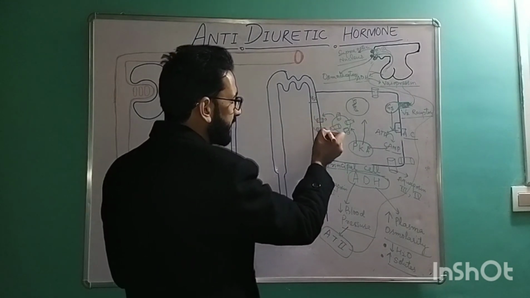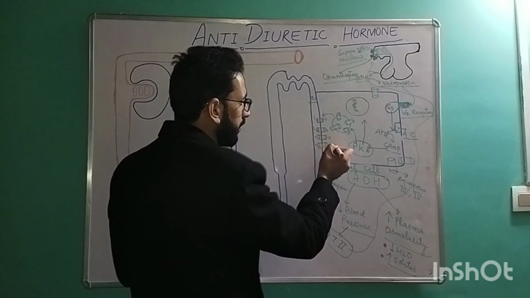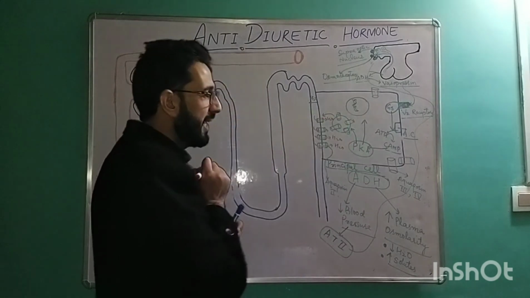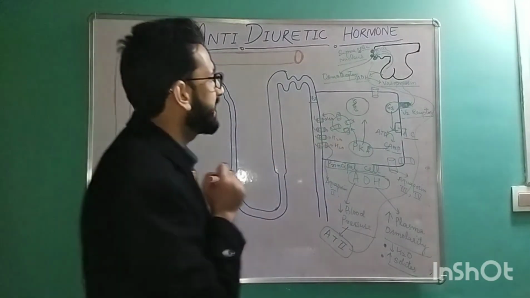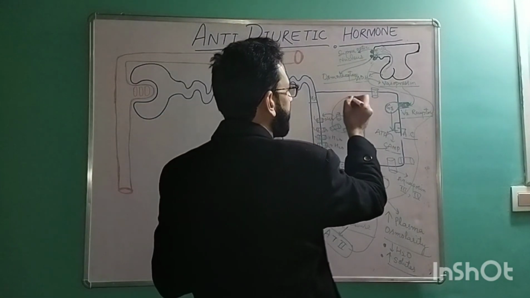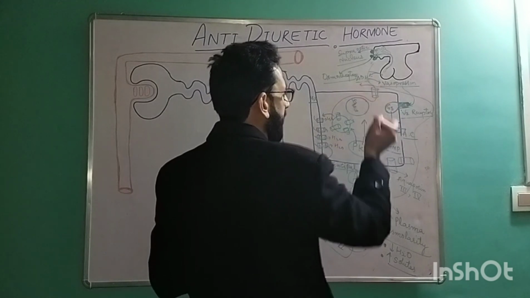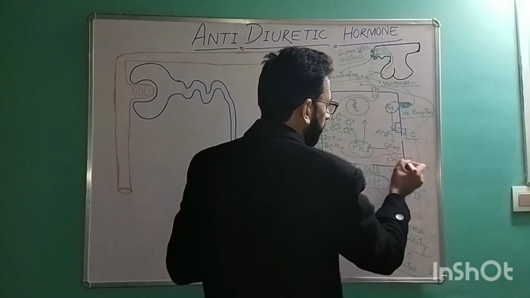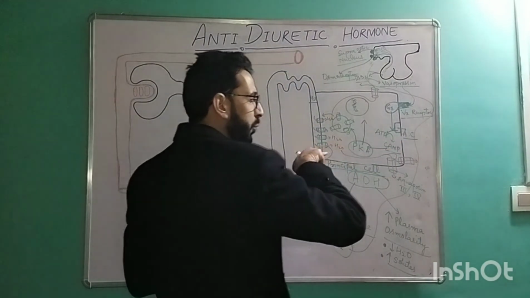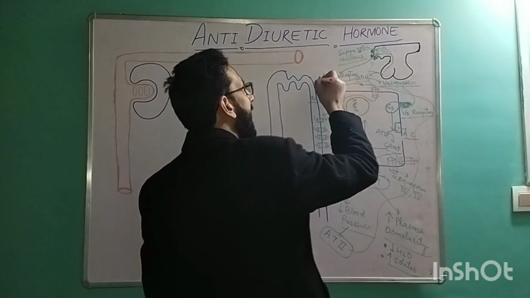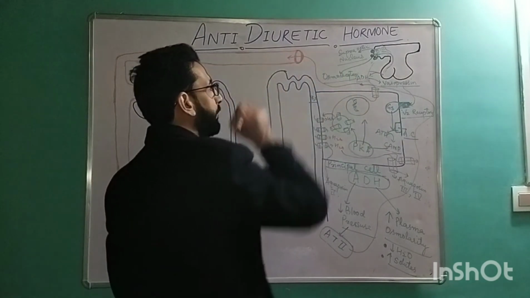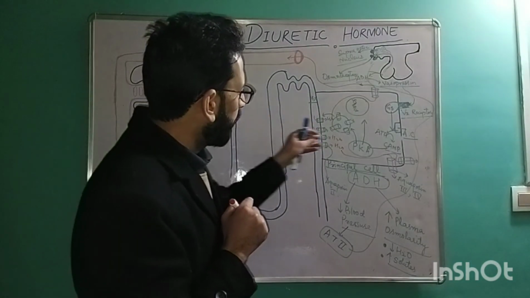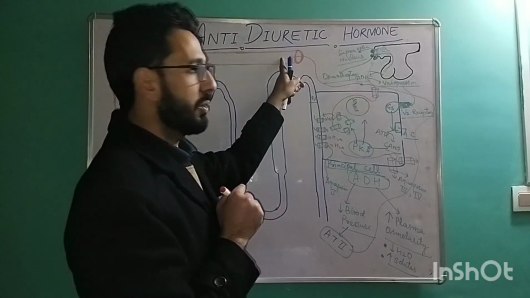This water will move inside the cell. Okay, and once water moves inside the cell, it moves out through the channels which are aquaporin 3 and 4. Okay, and once it moves out of the cell, it goes back into the circulation. Fine? So water from these renal tubules we have moved back into the circulation.